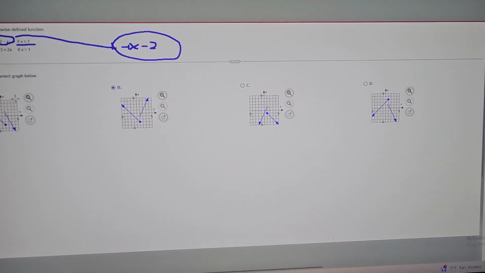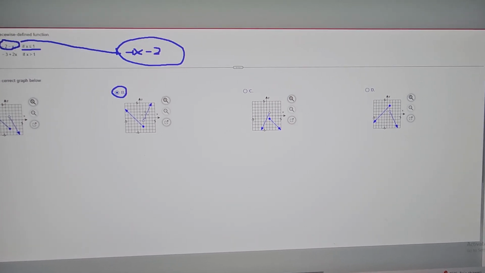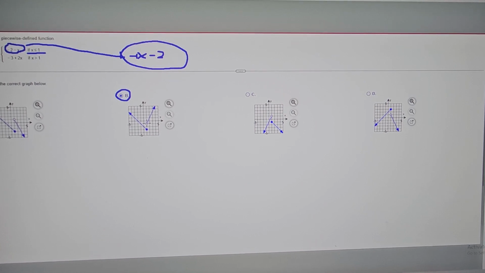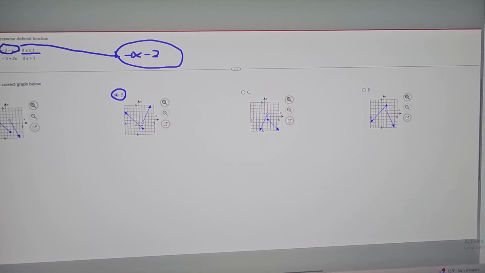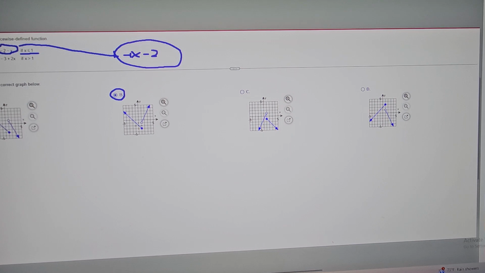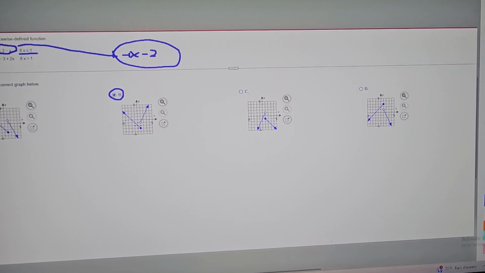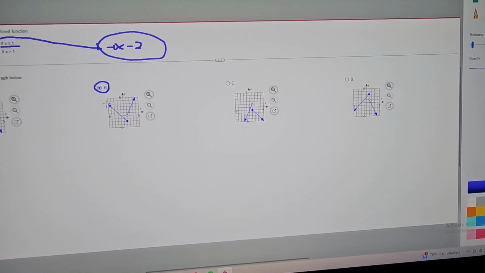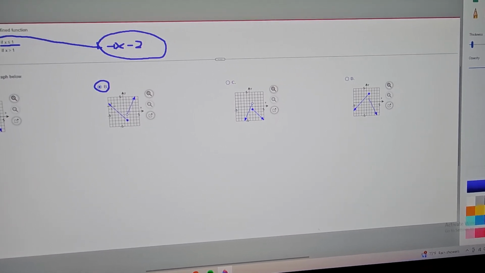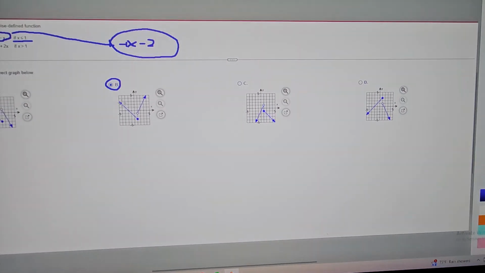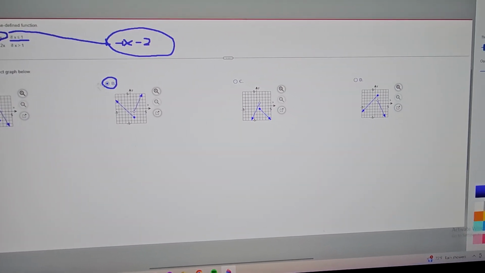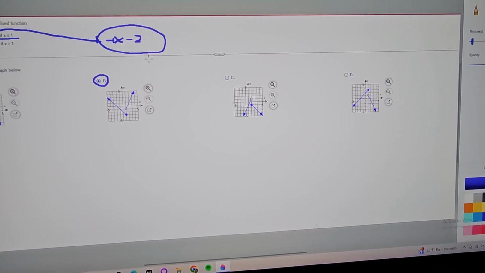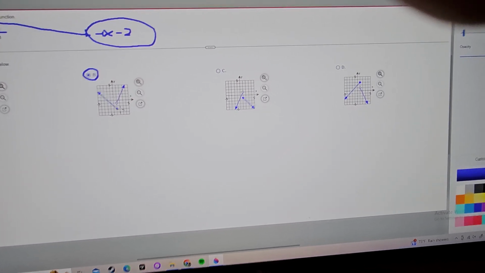It's going to intersect the y-axis at -2, and it has a slope of -1. This arrow doesn't necessarily mean it's going in that direction. All it says is that the starting point is somewhere all the way out here, and same here. It doesn't mean it's going in reverse.